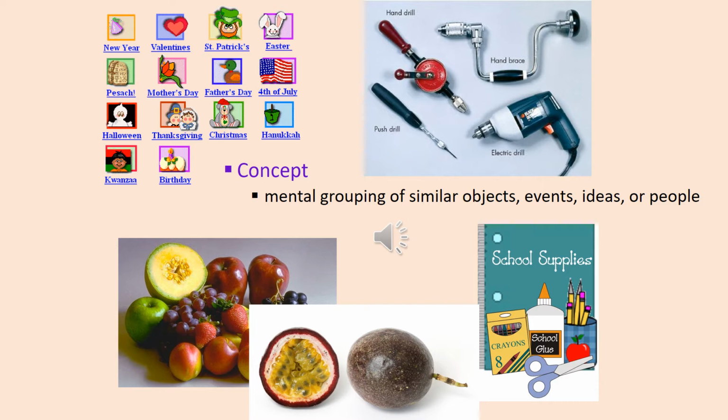For example, we have schemas or concepts or categories for fruit or holidays or tools, even school supplies. If I said name some school supplies, you might say pens, pencils, notebooks, scissors, binders. All of those would be objects that you would fit into a similar category, which we call a concept in this chapter.